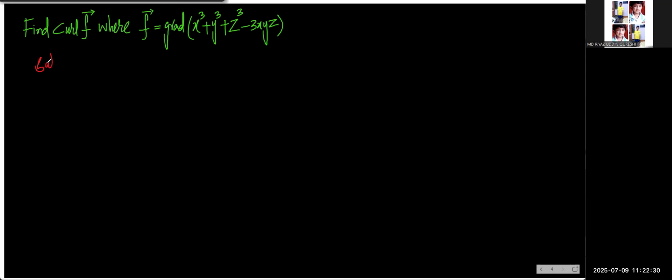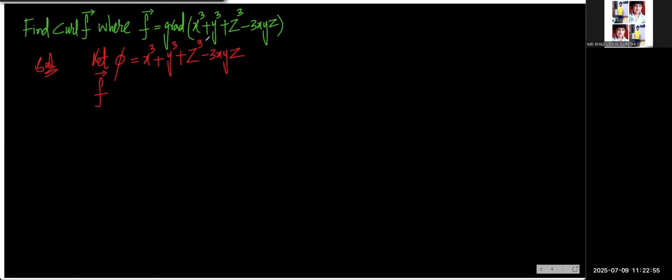Solution. For this one, what to do here is let us assume that phi is equal to x cube plus y cube plus z cube minus 3xyz. Now what happened to this F?